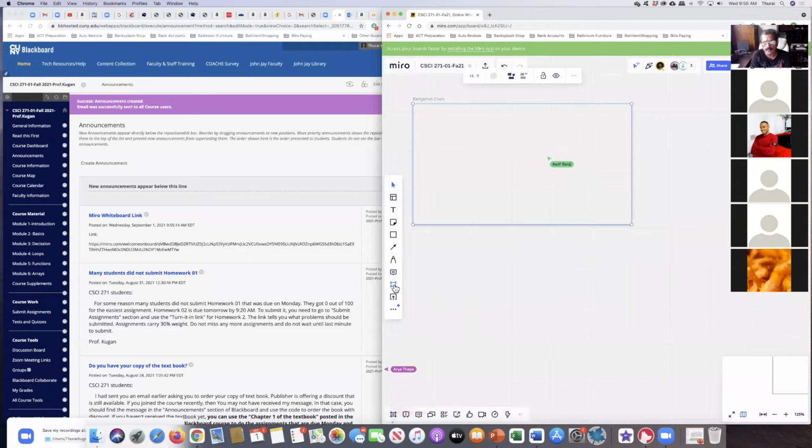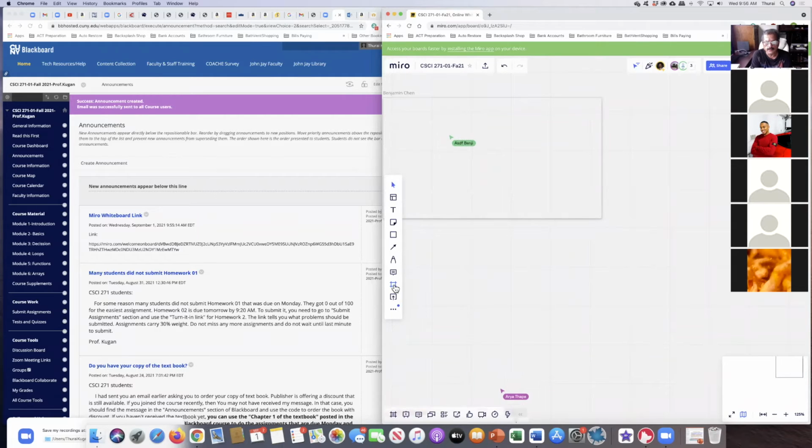It'll give you a frame. Then you double click at the frame name that appears at the top left and type a new name, which is your name. So create a frame and change the name to your name. All except Benjamin, because I have created the frame for Benjamin. Thank you, Professor.